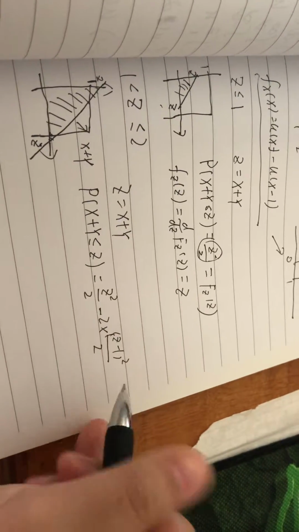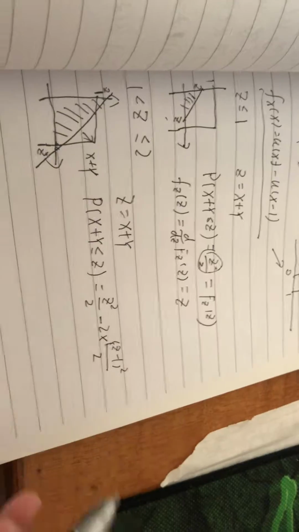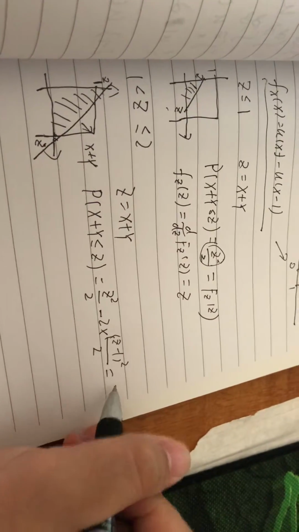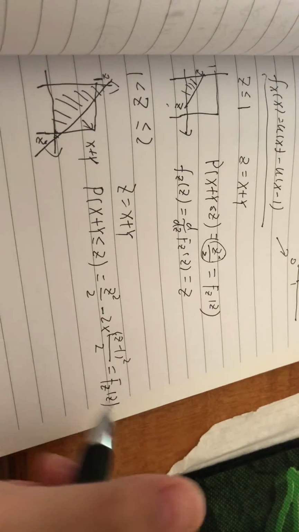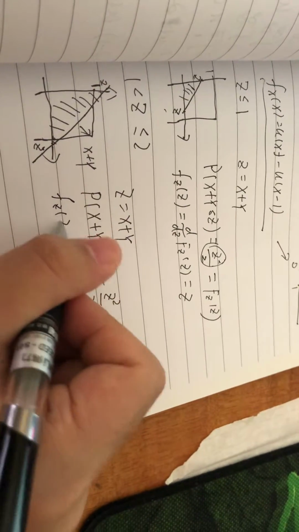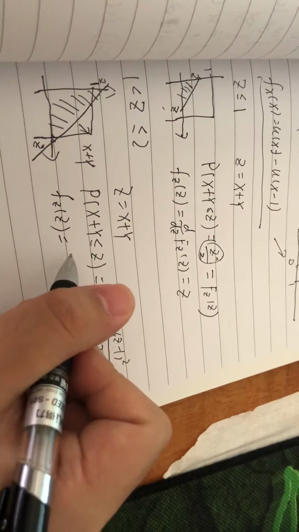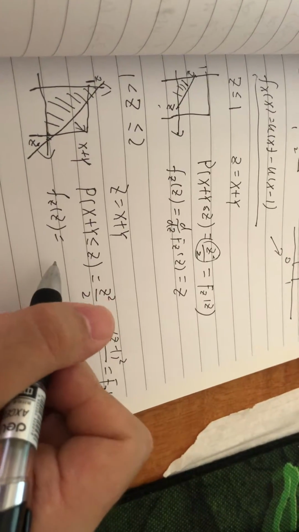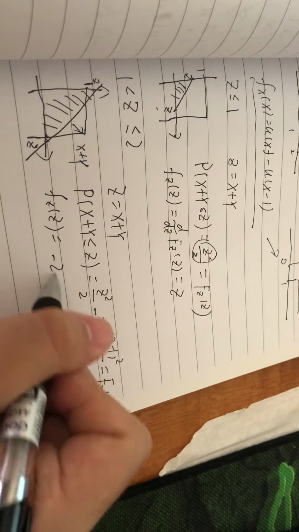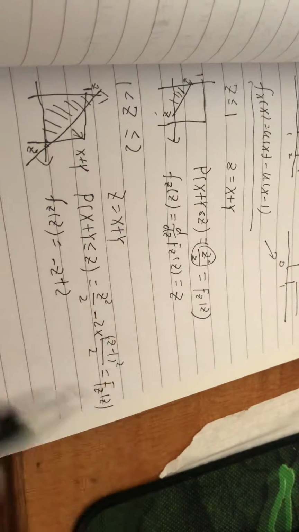This equals capital FZ, and the derivative fZ equals minus z plus 2.